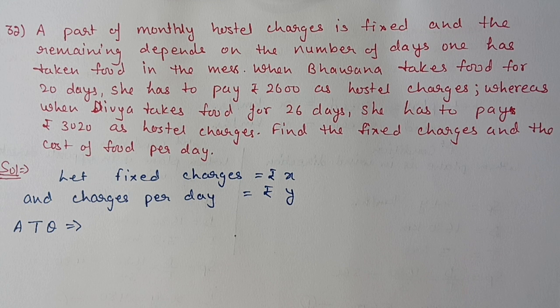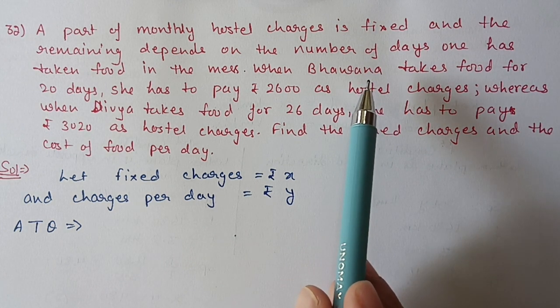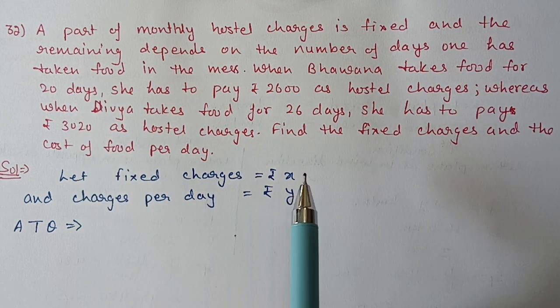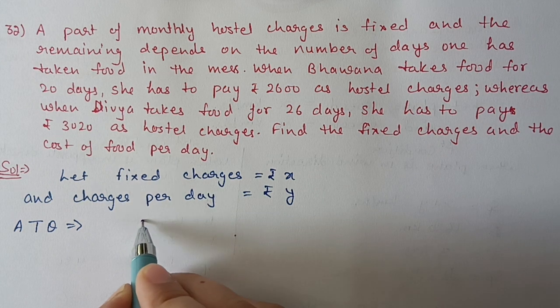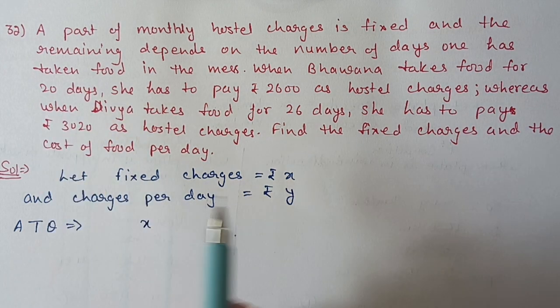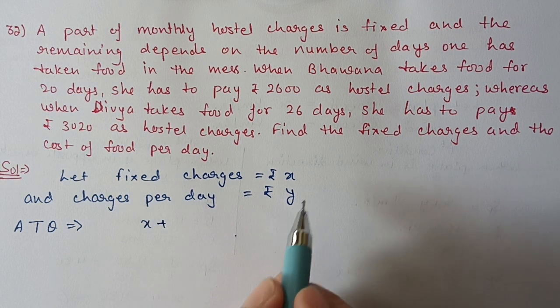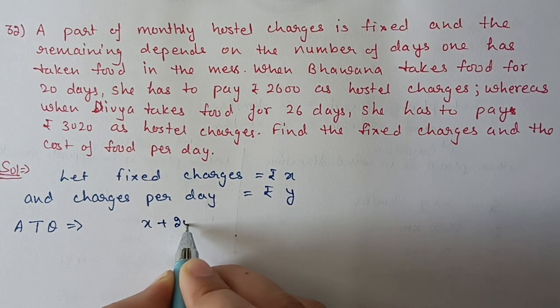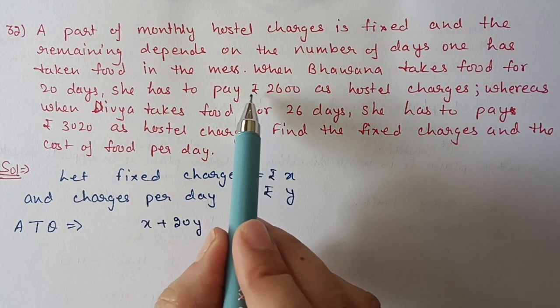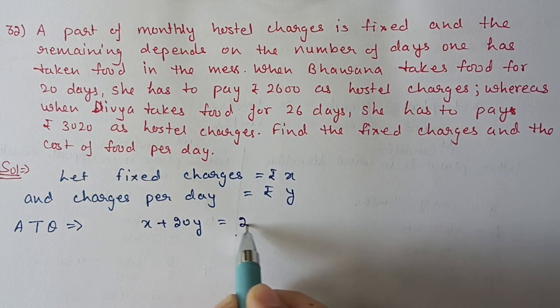So first we take the fixed charges as x rupees and the charges per day as y rupees. Now we will frame the equations. According to the first condition, Bhavna is taking food for 20 days. So x rupees she will pay definitely, and for 20 days she will pay 20y rupees, because for one day it is y rupees, for 20 days it is 20y, and in total she is paying 2600 rupees.